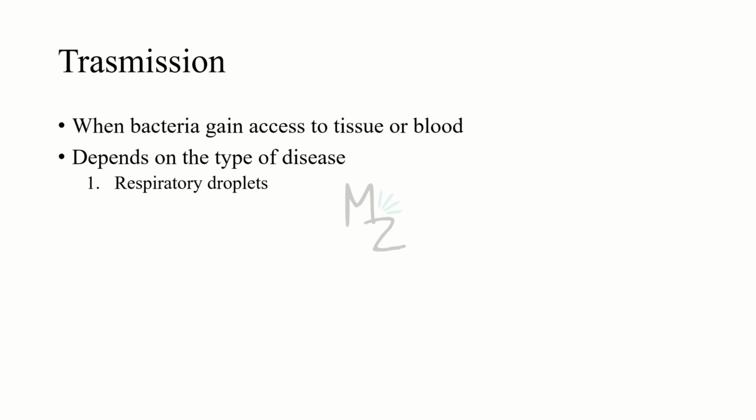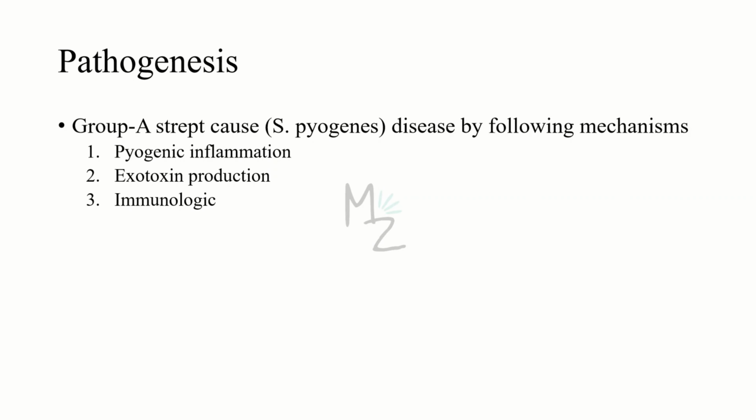Pathogenesis. Group A Streptococci, for example Streptococcus pyogenes, cause disease by the following mechanisms. Number 1, pyogenic inflammation, which is induced locally at the site of organism in tissue. Number 2, exotoxin production, which can cause widespread systemic symptoms in areas of body where there are no organisms.